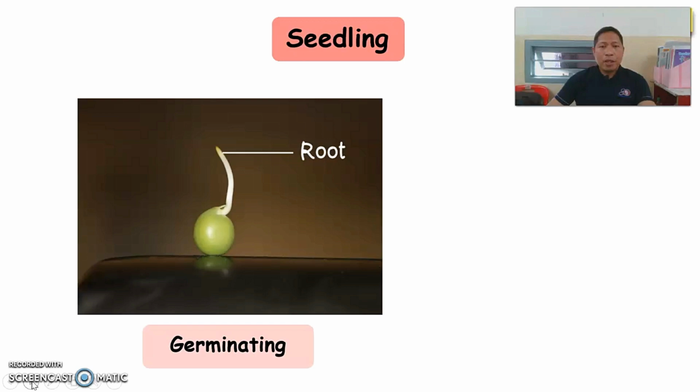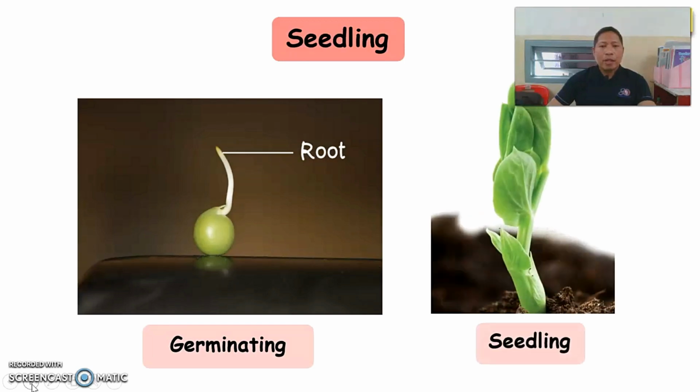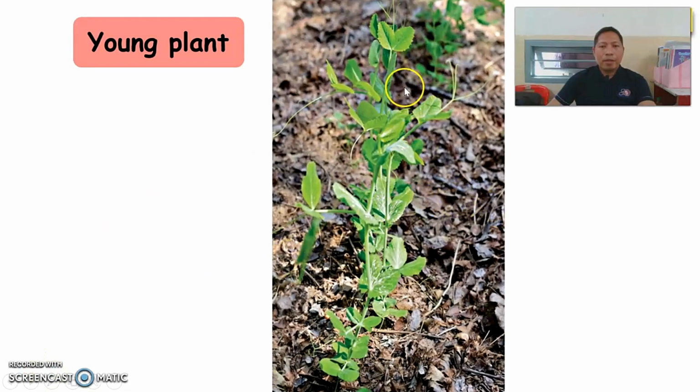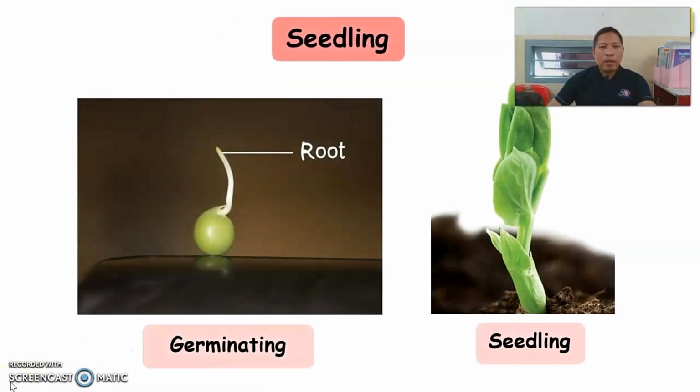And after the seedling process, this will become a young plant. A very young plant that comes from a seed. Again, the plant started as a seed, and it grows to become a seedling.